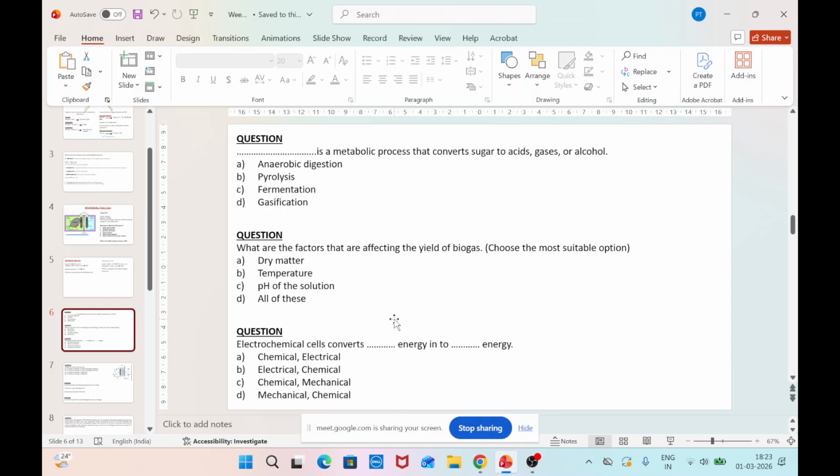So the question says sugars to acids, gases, or alcohols. So keep that in mind, and based on that, what could be the answer?